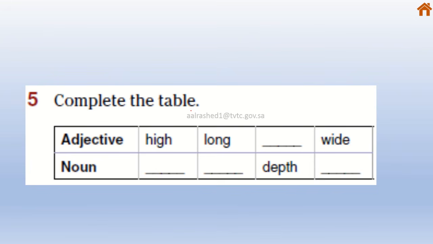Dimensions are divided into two things. We have adjectives, صفات, which are high, long, deep, wide, and their nouns, أسمائهم, are height, length, depth, and width.